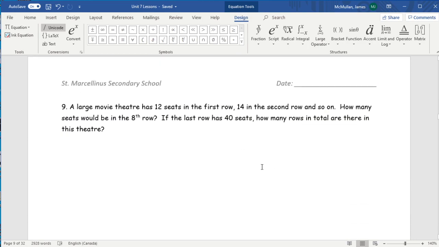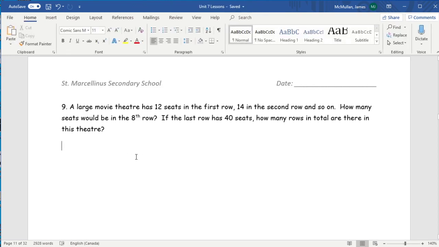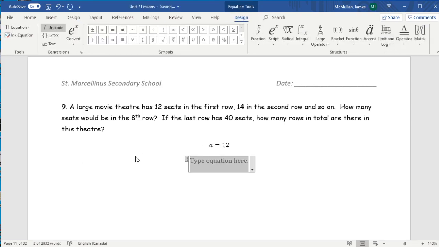Okay, last question of the day. It says a large movie theater has 12 seats in the first row, 14 in the second row, 16 in the third row, and so on. How many seats would be in the 8th row? If the last row has 40 seats, how many are there in total? Okay, so let's start with A is 12 because that's the first row. The second row is 2 higher, so the common difference is 2.